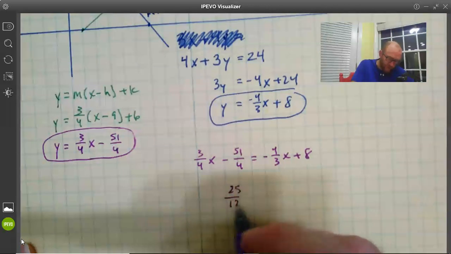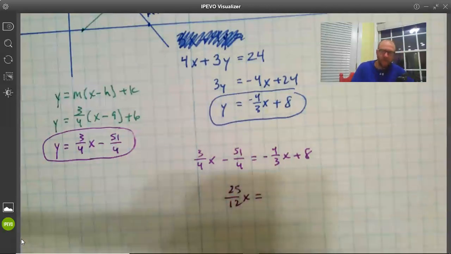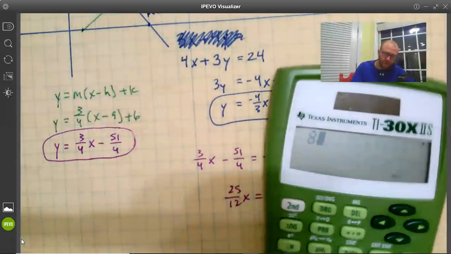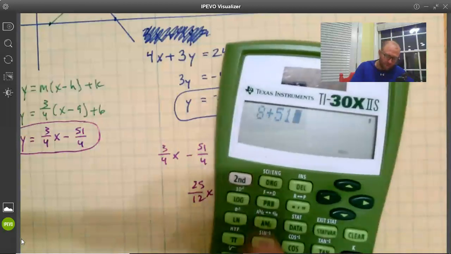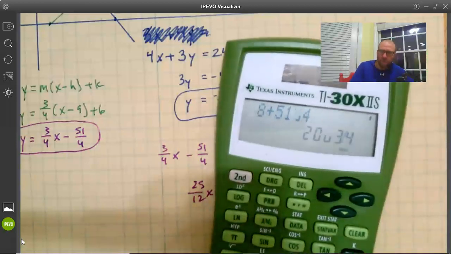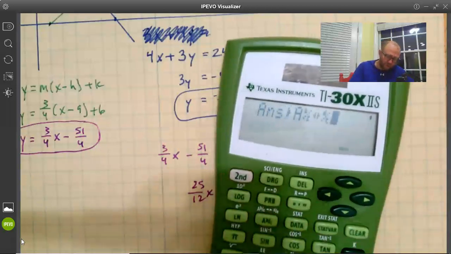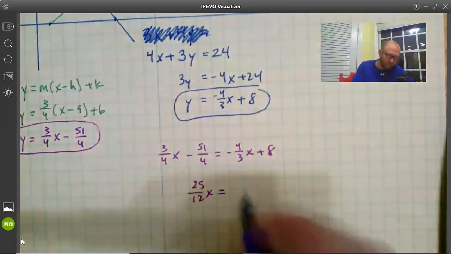So I've got 25/12 x equals, I'm going to add 51/4 to each side. So I have 8 plus 51/4, which is 20 3/4, or 83/4.